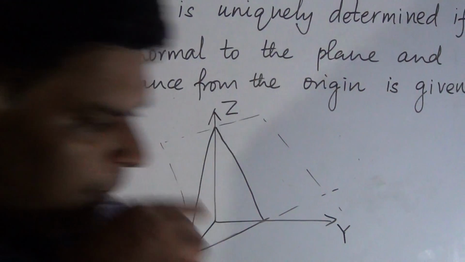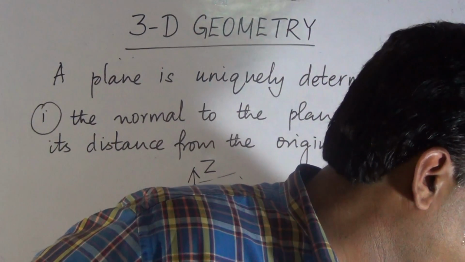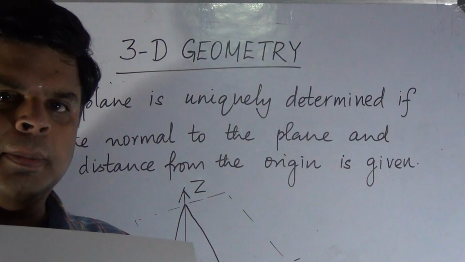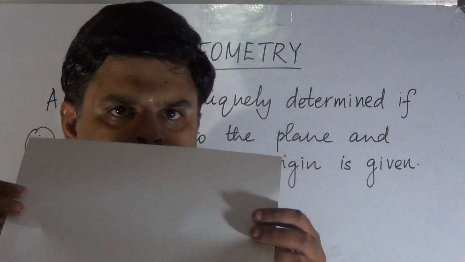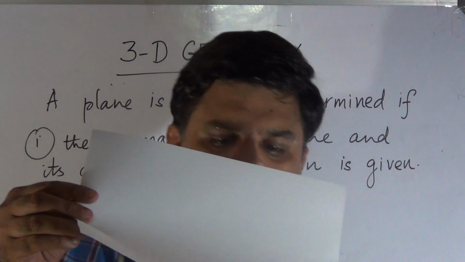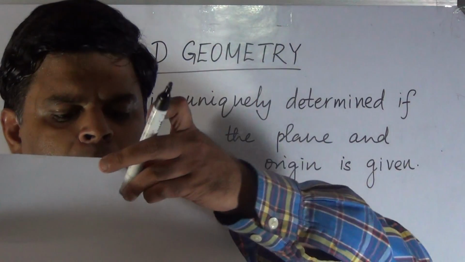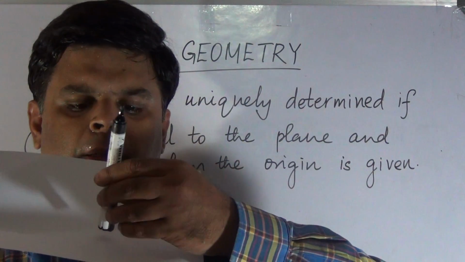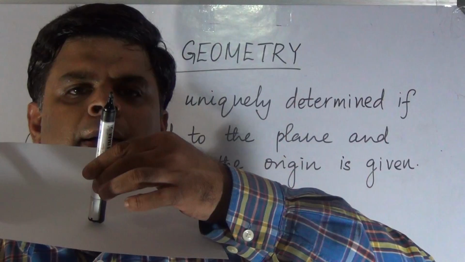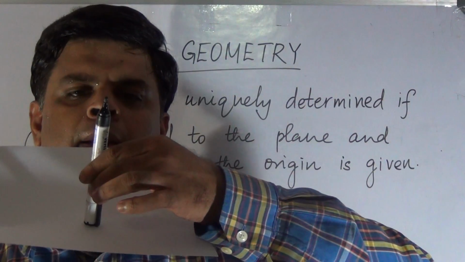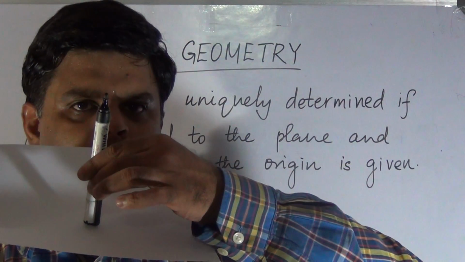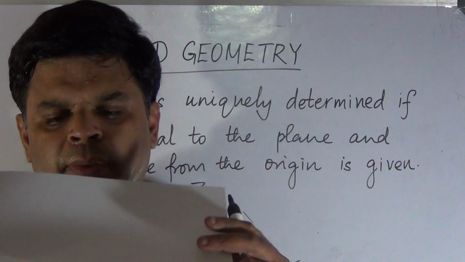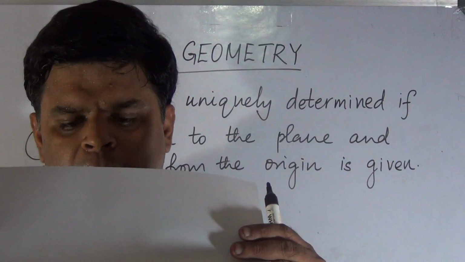Now, what do I need for that? I want the equation of this plane here. So now, I need to know what is the normal to this plane. So if you can look at the marker, it is normal to this plane. So I need to know the normal. What is the normal? And suppose I have the 3-dimensional coordinates.